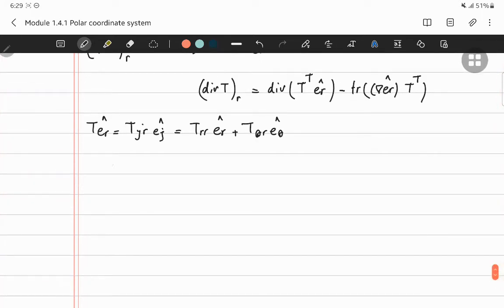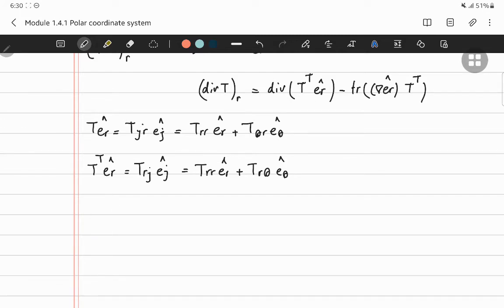So if I have this, t transpose er is t rj ej. So this is t rr er plus t r theta e theta. Great. So we have t.